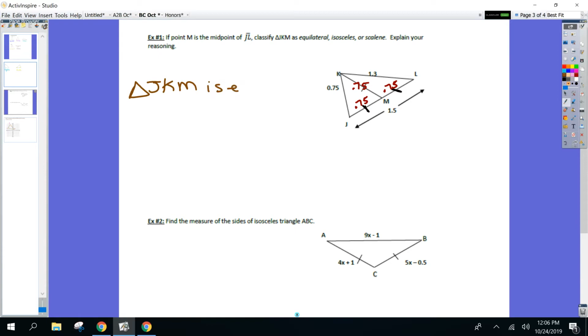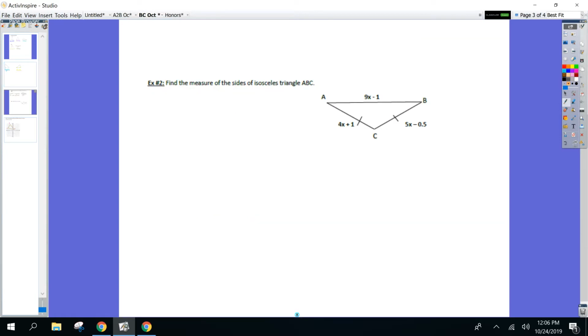Triangle JKM is equilateral because, what's a good reason? All sides are congruent. Yep. All good.